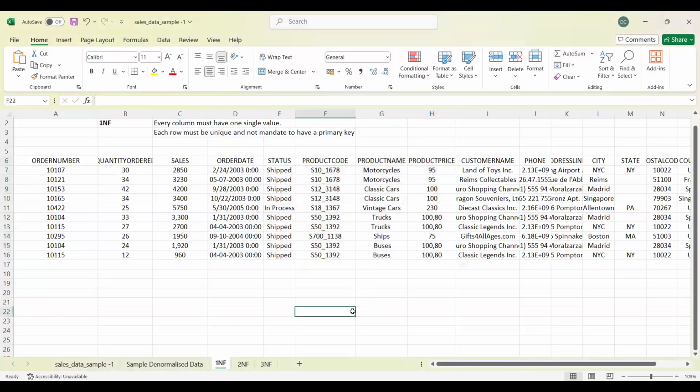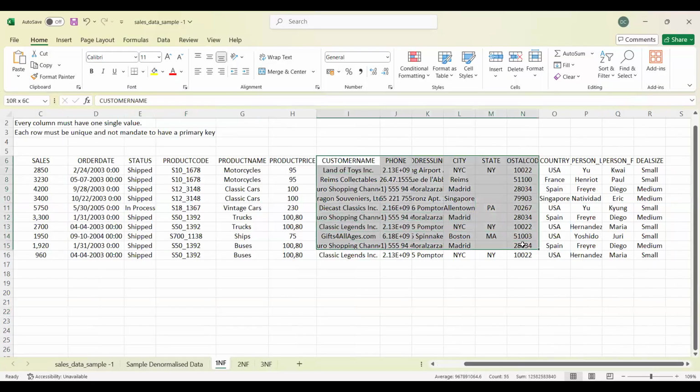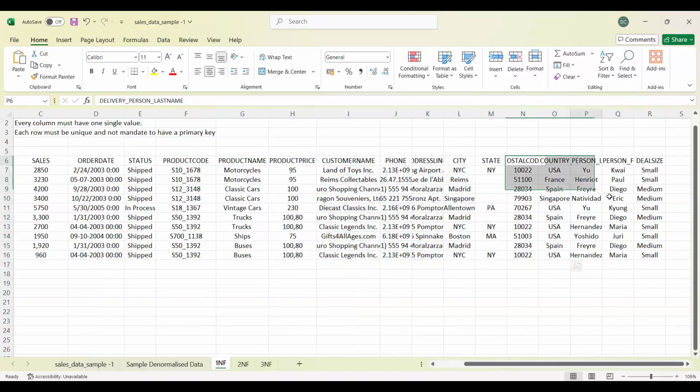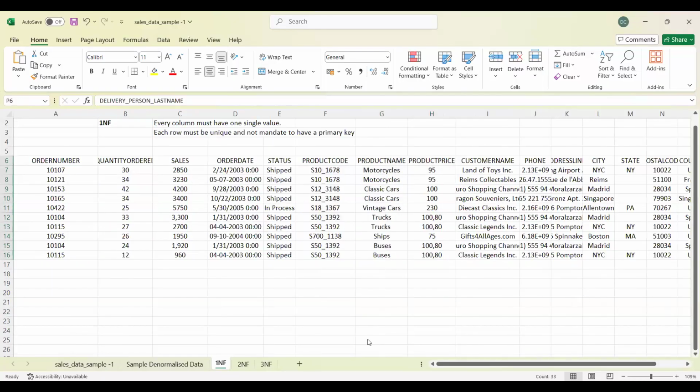Yes. In the same way, all this data comes under customer details: customer name, phone, address, city, state, location. These all come under the customer table, and we have some other data. Let's see what that is. For now, overall we have different types of data: orders data, product data, customer data.